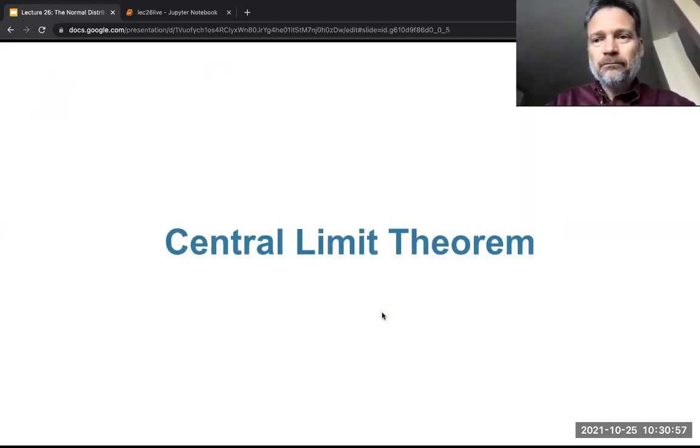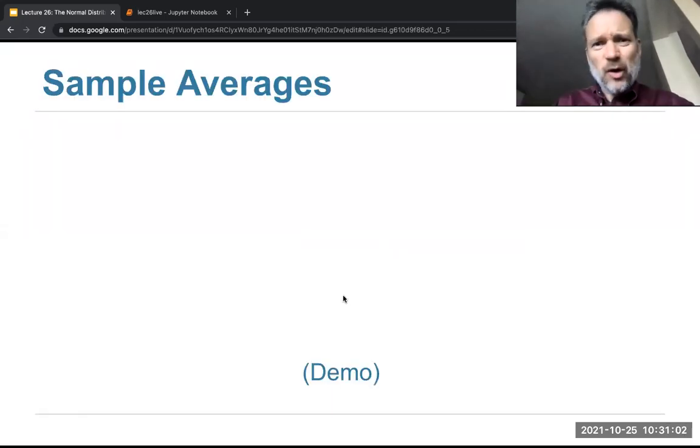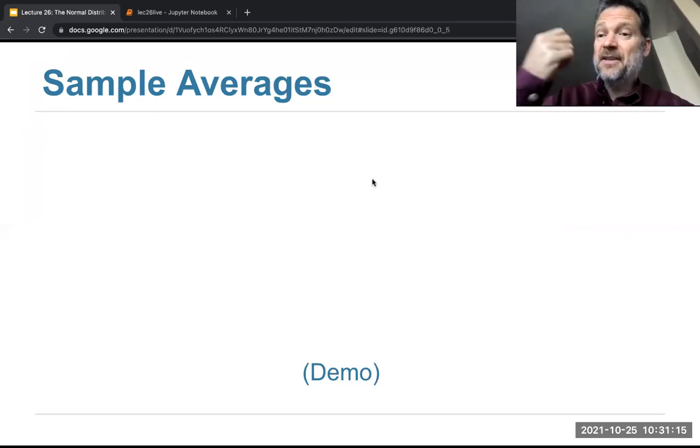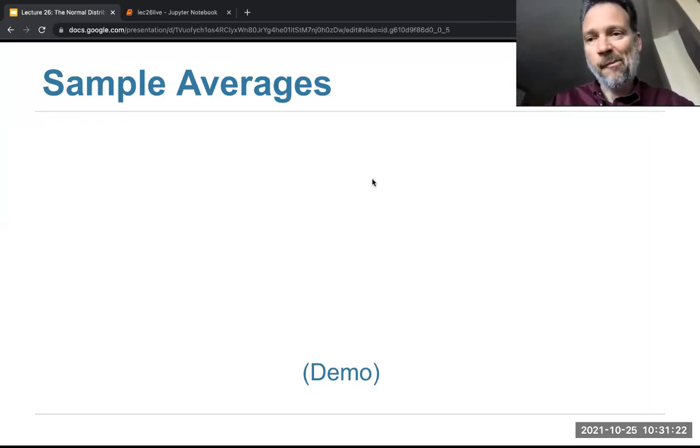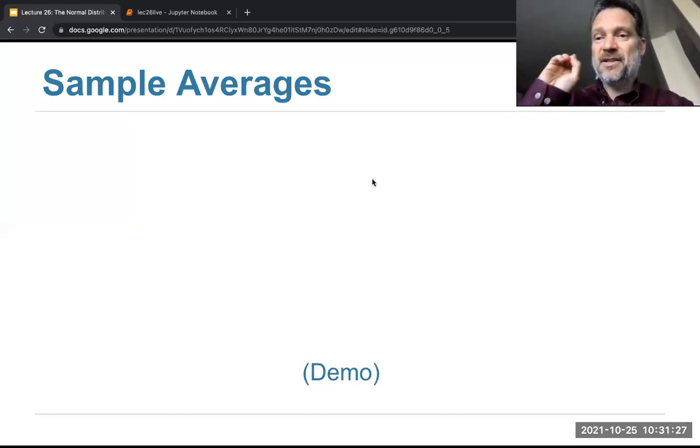Okay, so let me show you a little bit about where the normal distribution comes from. In this class, the most common case where we're going to see the normal distribution is when we take a sample, and we compute the average of values in that sample.